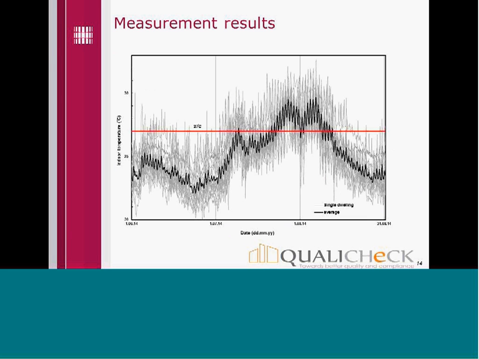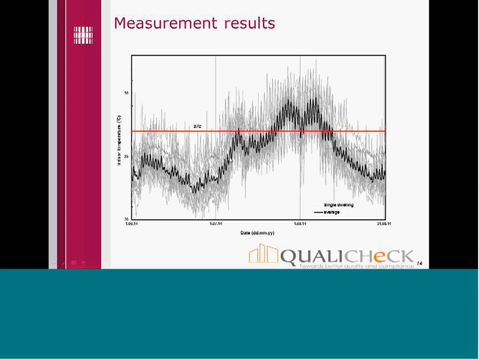The measurement results from all apartments you can see in this graph, and it can be seen that the temperature was quite high at the end of July and beginning of August.